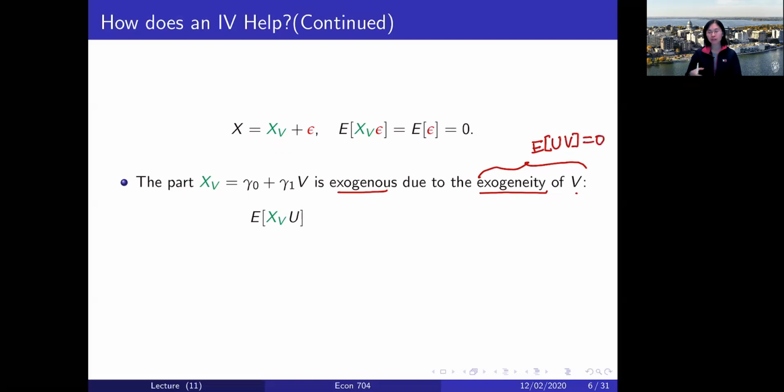So exogeneity of v means that v is not correlated with the error term u in the y equation. This u is also called the structural error. And because x_v is a linear function of v, it must follow that E x_v u is also 0. So x_v is also orthogonal to u, an exogenous random variable.